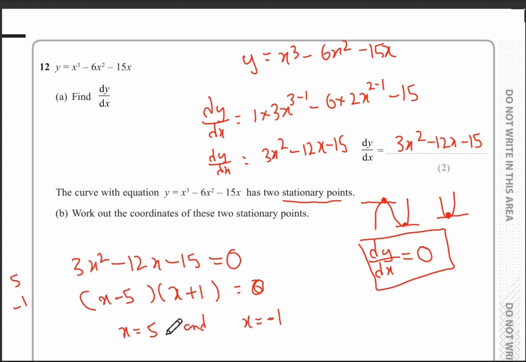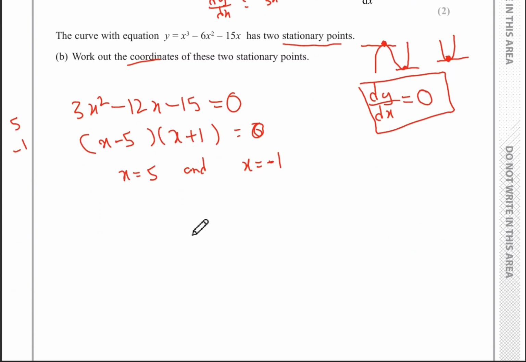Now I found the x coordinates of the stationary points. I need the full coordinates now. In order to find the coordinates, I have to find the y coordinate of each of these. So each x value I substitute into this full equation. So I have y equals, instead of x, 5 cubed minus 6 times 5 squared minus 15 times 5.